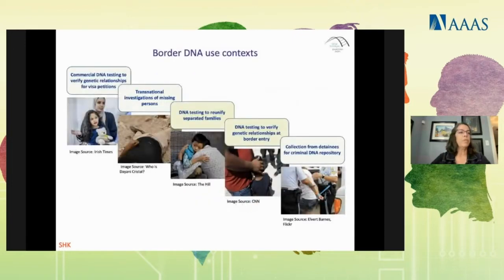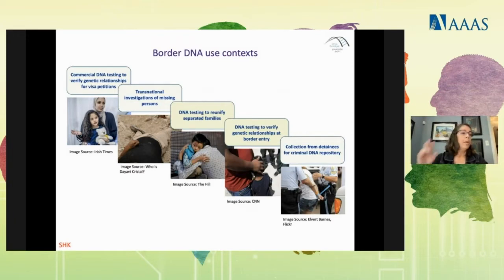In my research on various non-medical DNA applications, we are learning that context matters. There are 5 contexts that we like to talk about related to immigration in which DNA is used. First is the commercial uses of genetic tests to verify family relationships.